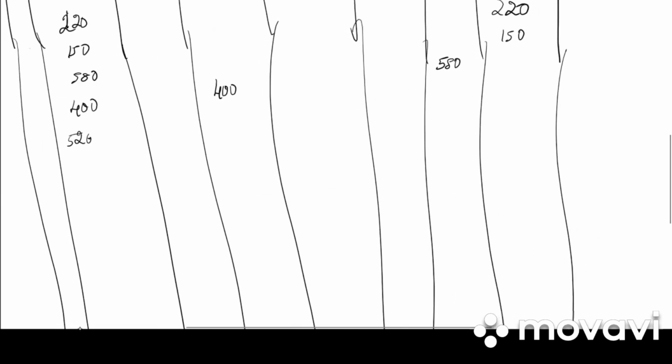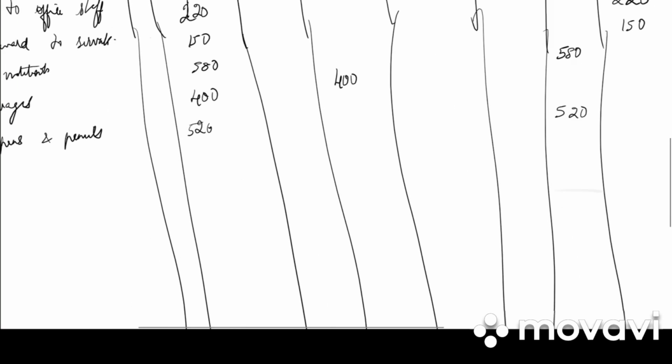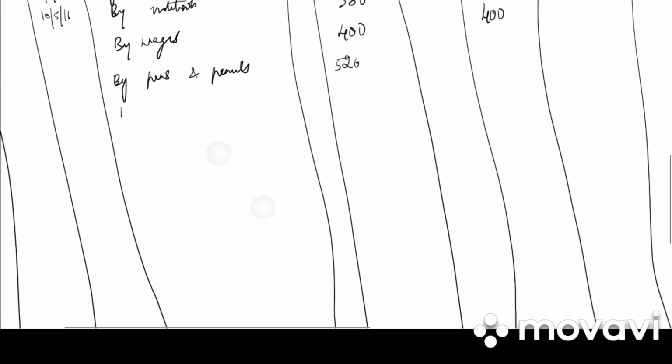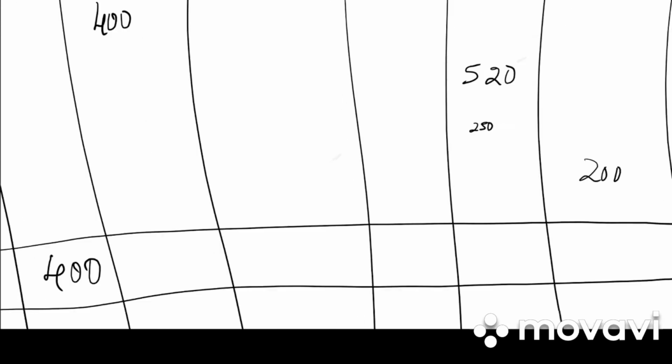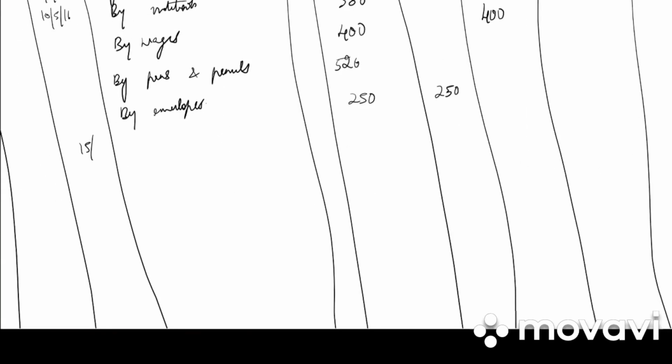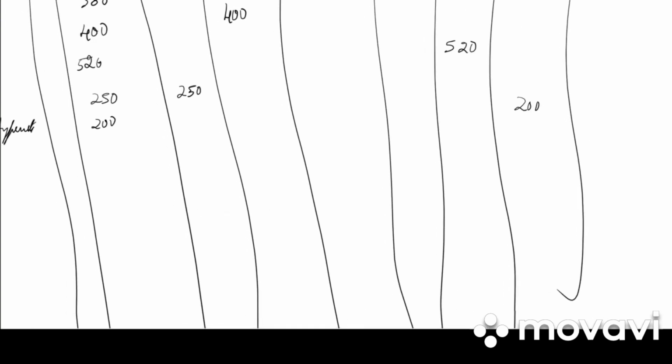So again under stationery we have 520. Then by envelopes, 250. Under the stationery column we'll be writing 250. And last on 15th May we have by repairs for typewriter, 200. Under our miscellaneous expenses, 200.